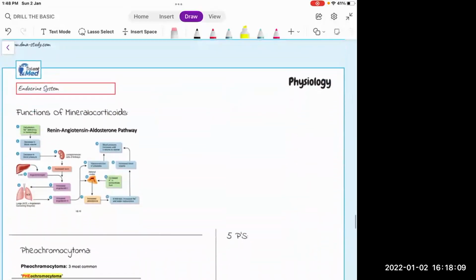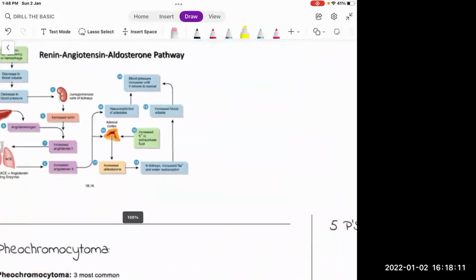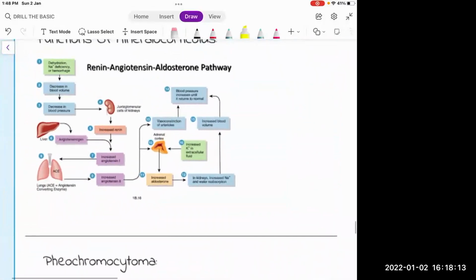And moving on to the mineralocorticoids, the most important is aldosterone. So aldosterone's main function is in the RAS mechanism, the renin-angiotensin-aldosterone system. It works by maintaining the sodium level in the body and retention of water. Aldosterone works together with the antidiuretic hormone, and together with angiotensin 2 causes vasoconstriction.